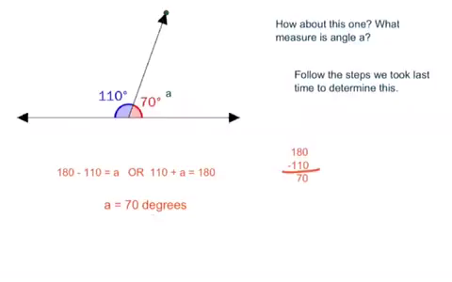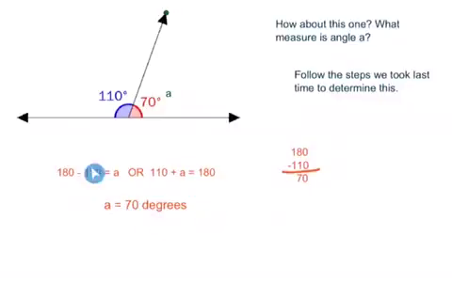So hopefully you said, well, let's see, the straight angle is 180 degrees, and I could take away the 110 degrees, and that gives me my unknown, or I could say 110 plus what equals 180 degrees. If I subtract 110 from 180, I'm going to get 70 degrees. Therefore, angle A has to be 70 degrees.